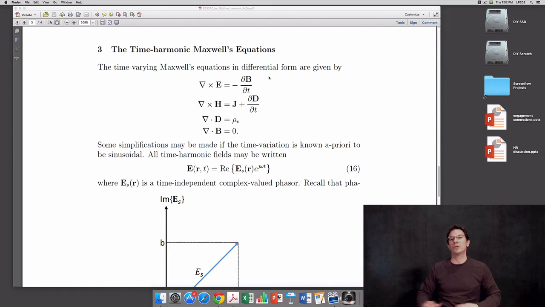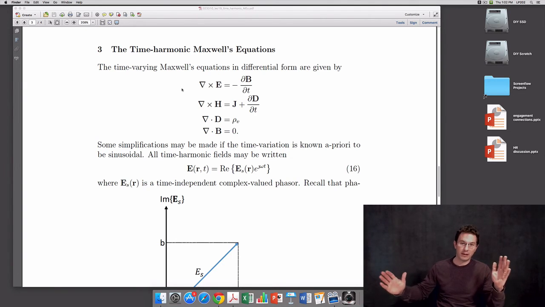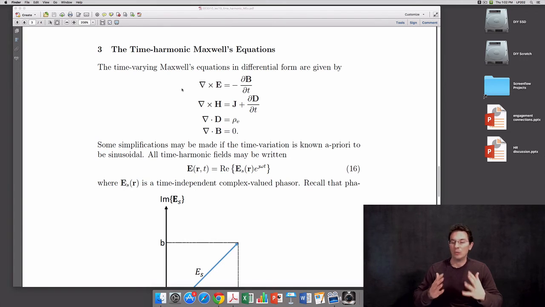It's worth pausing here for a moment to note that these four equations are extremely general. They are so general that they govern electromagnetic phenomena from scales starting around tens of nanometers all the way up to intergalactic scales. So they cover an enormous range of scales and therefore are applicable to an enormous number of situations.